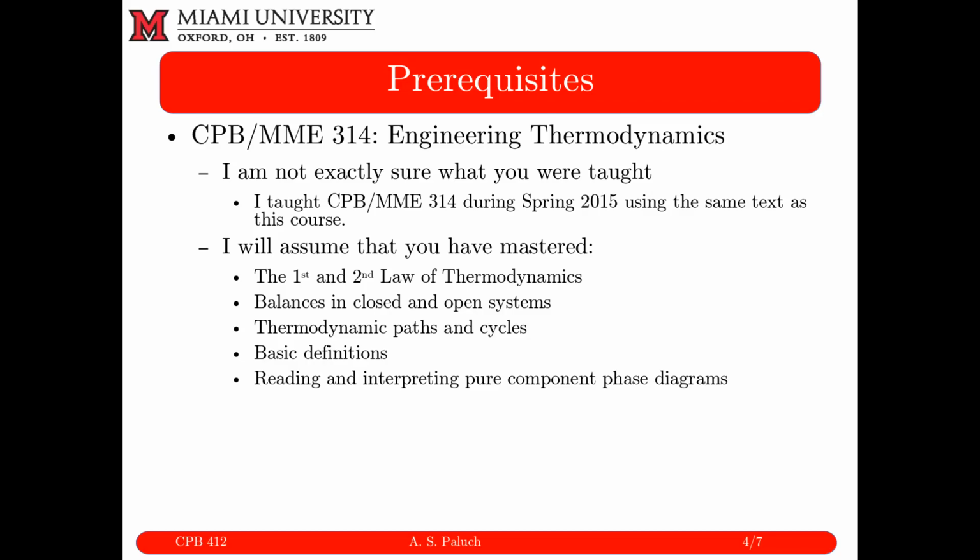What I'll assume that you've mastered in Thermo 1 is the first and second law of thermodynamics, balances in closed and open systems, thermodynamic paths and cycles, some basic definitions, and reading and interpreting pure component phase diagrams. We will briefly review this material as needed, but my assumption is that you've mastered it.